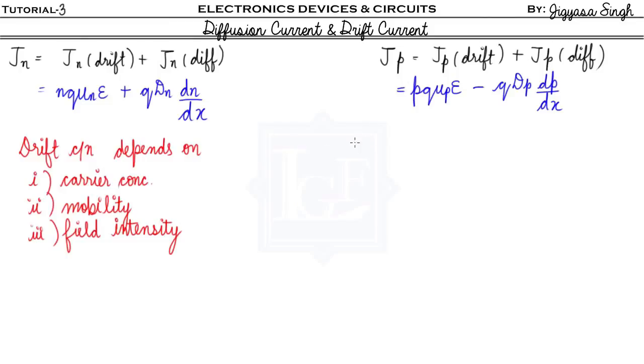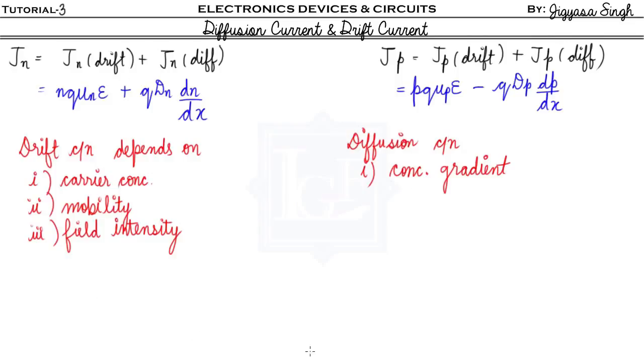intensity, while the diffusion current, what is it depending upon? The concentration gradient. We should learn this subject in such a way that we don't have to revise it, because we have to revise other subjects like networks, analog and signal systems.